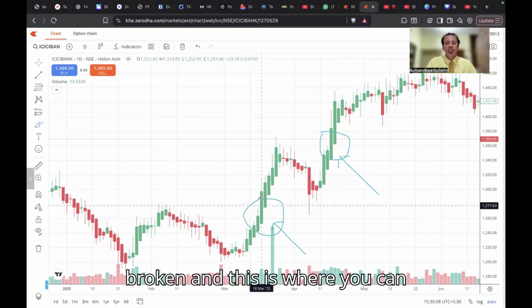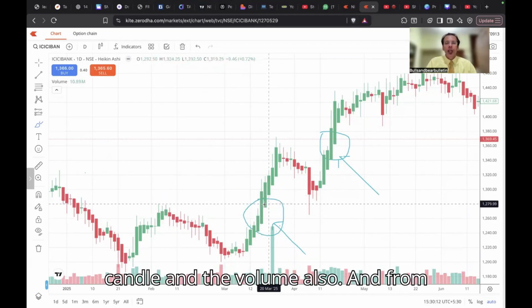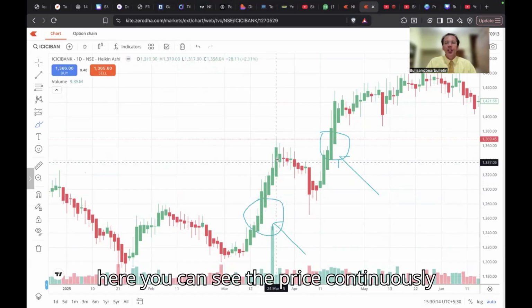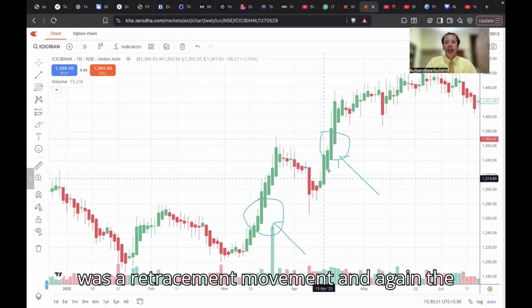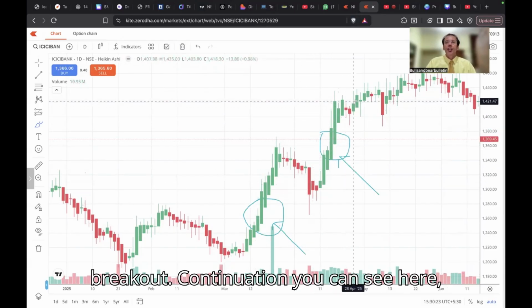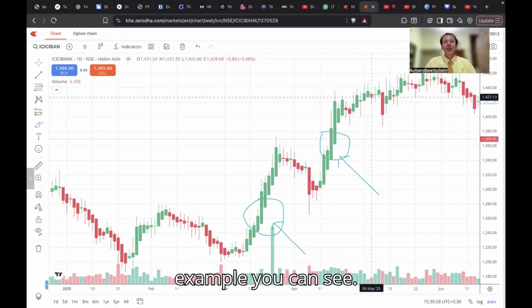This is where you can see the very big, full body candle, and the volume also. From here you can see the price continuously going up. Of course, after this there was a retracement, and again the breakout continuation you can see here. And this is another typical breakout example.